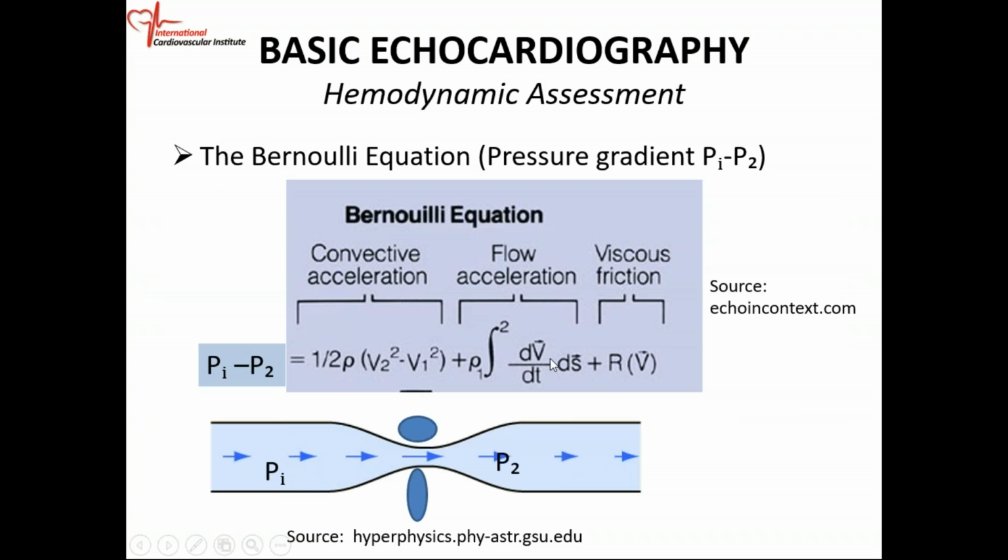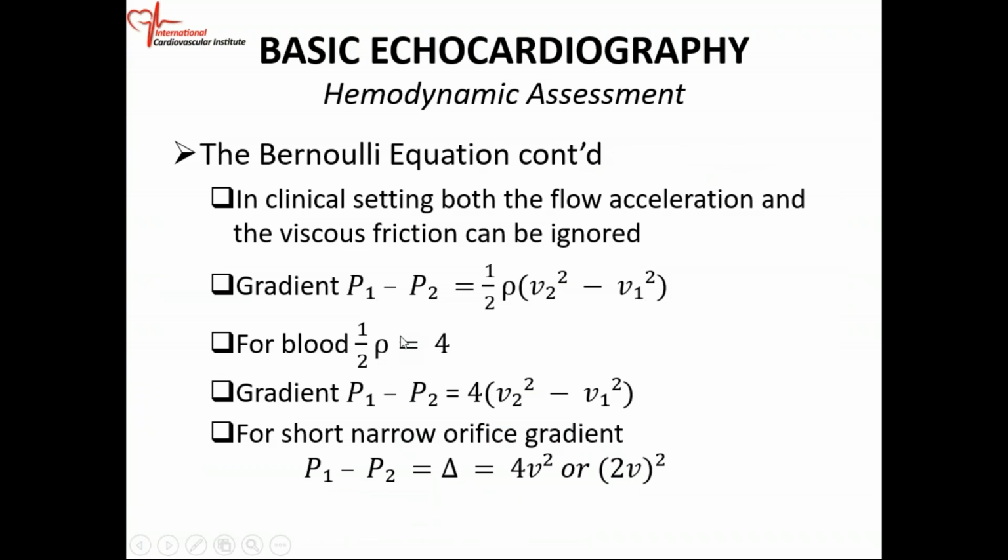So if you ignore those, all you're left with is half rho, which is the mass density, times V2 squared minus V1 squared. The pressure gradient is equal to half rho times velocity at point 2 squared minus velocity at point 1 squared.